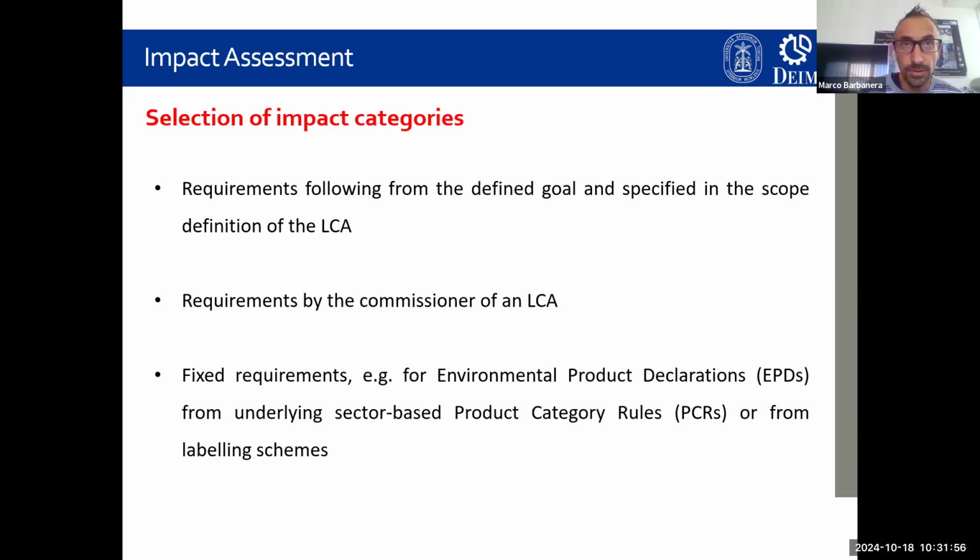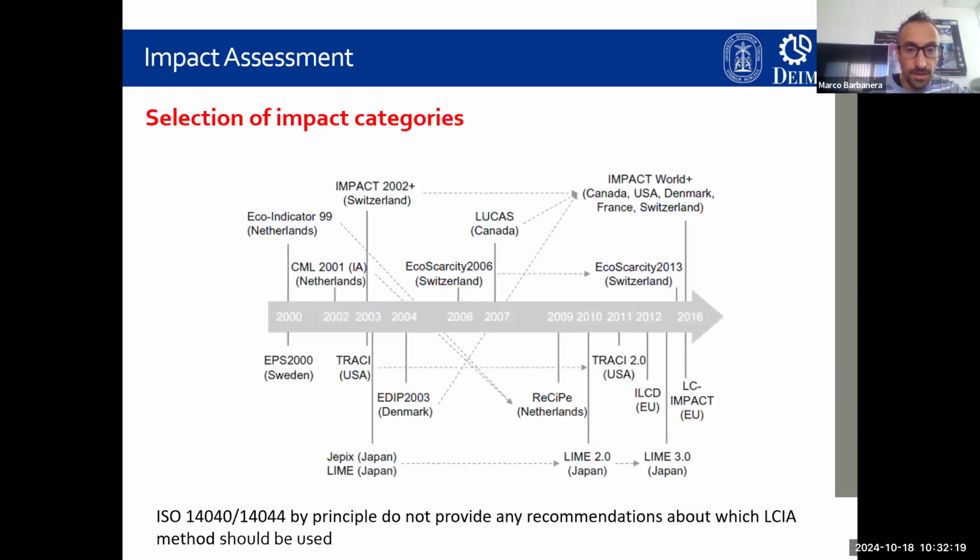Instead, if we want to apply the LCA results to obtain an environmental label, in this case, we have to follow specific guidelines in which the impact categories are defined for each kind of product. Then we have seen the possible different impact assessment methods that we could find in the SimaPro software, in the commercial software for LCA.